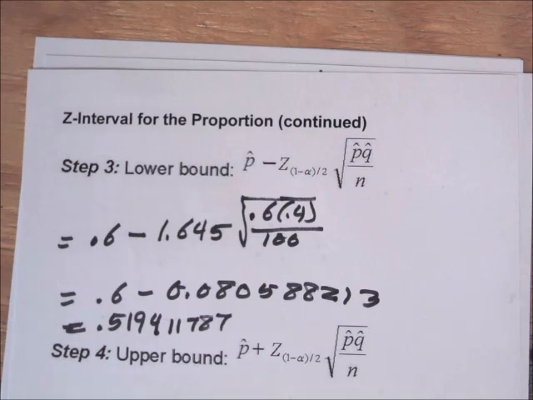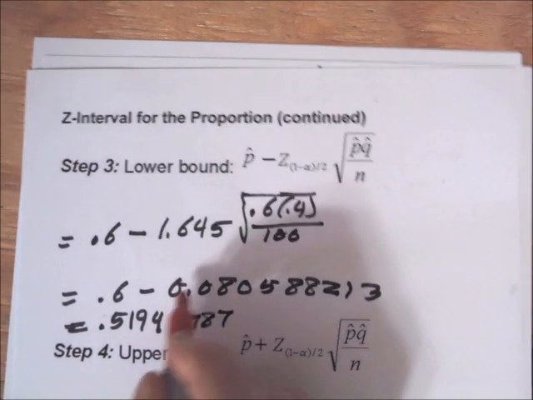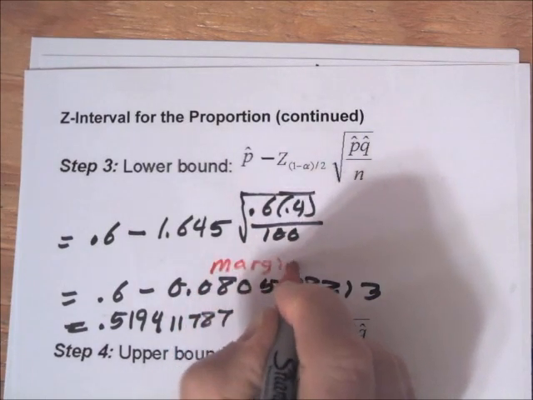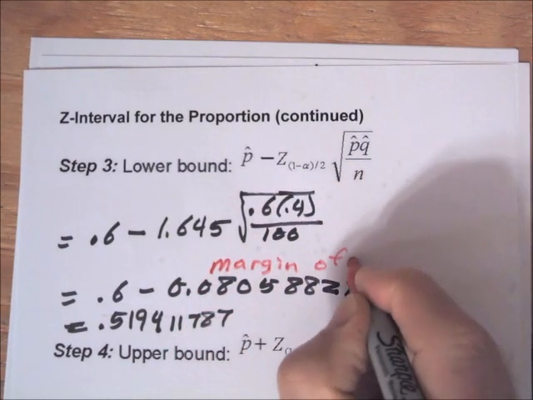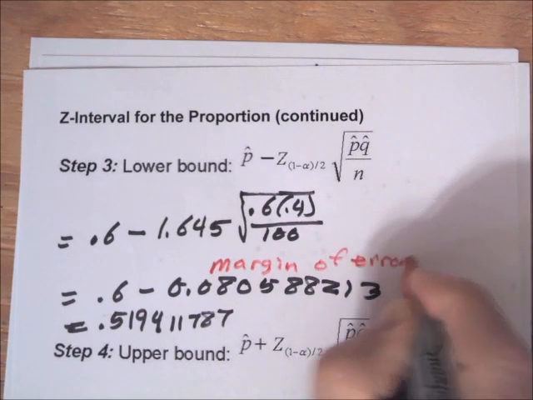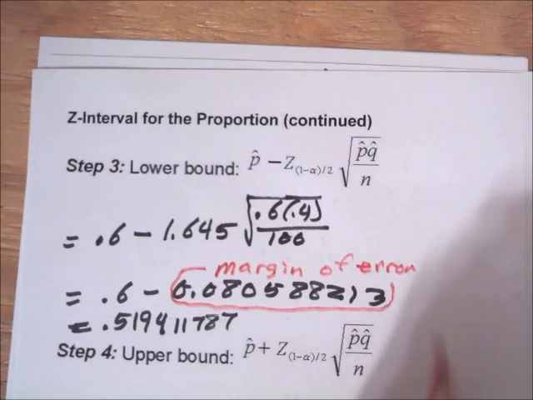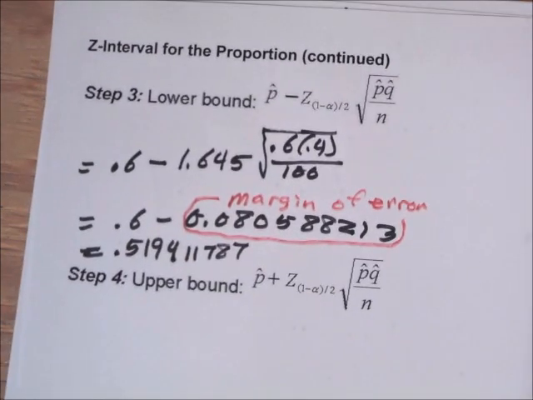So this piece here is the margin of error, also called the error bound, or sometimes just the error. Sometimes it's abbreviated EBM or E or something, and that's sometimes reported separately.